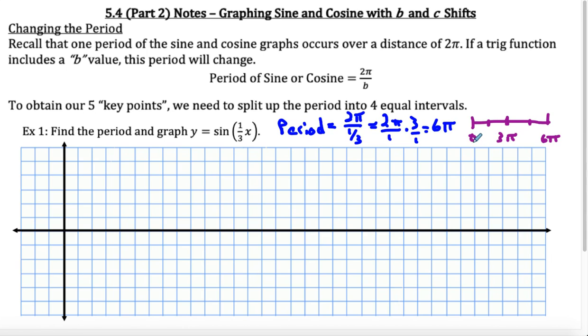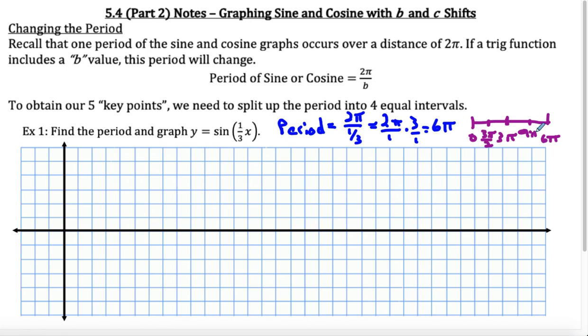Taking the average, 0 plus 3 pi divided by 2 would be 3 pi over 2. Same thing here: halfway in between 3 pi and 6 pi, I would take the average, 3 pi plus 6 pi divided by 2, which is 9 pi over 2.